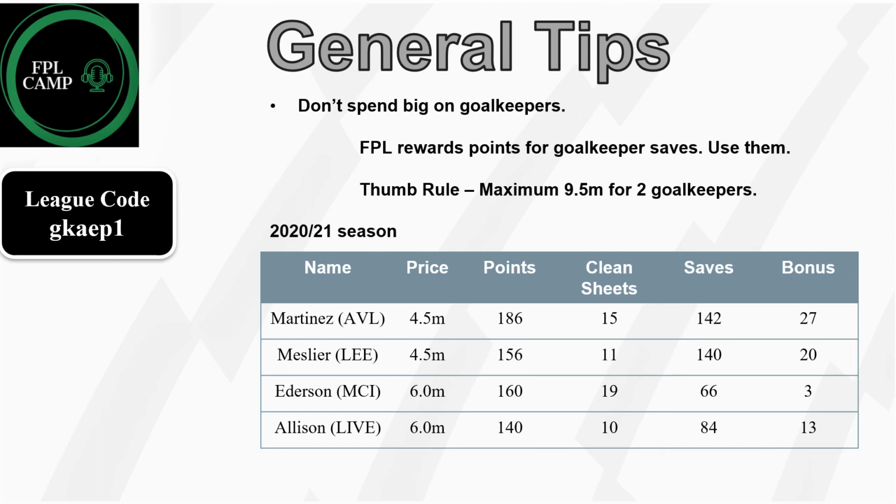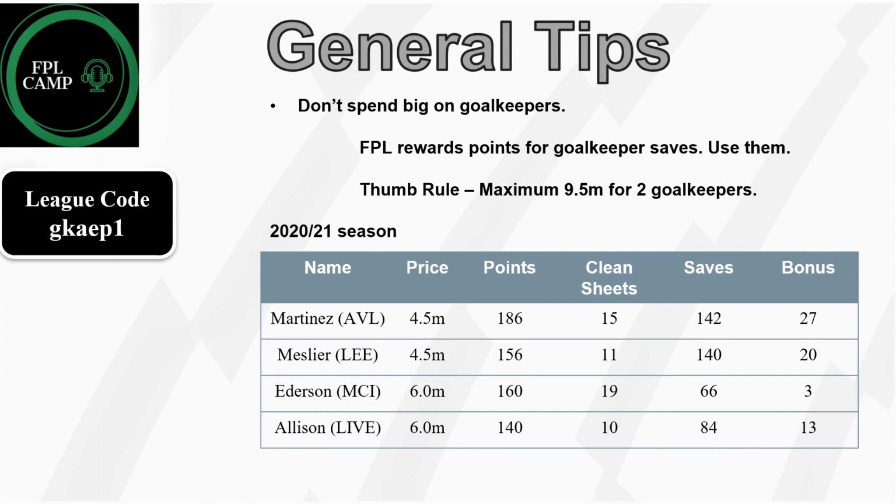Let us, for example, consider last season. Ederson, who won the Golden Glove, keeping 19 clean sheets, scored 160 FPL points, whereas Meslier from Leeds scored 156 points with 11 clean sheets, that is 8 fewer. Now Meslier was 1.5 million cheaper than Ederson. So you can see that by spending 1.5 million less, you received just 4 points less.